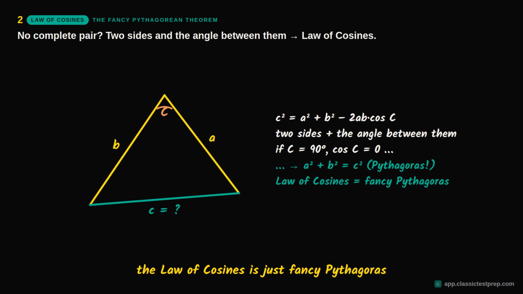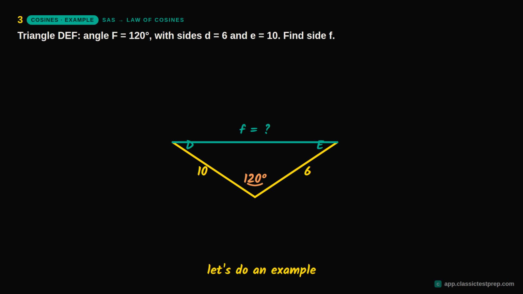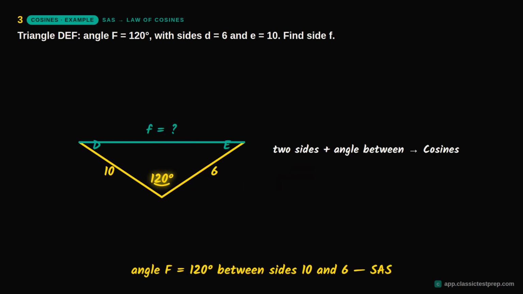And what this means is that when we're given an angle of a triangle and the sides adjacent to that angle, but not the side length opposite, we want to use this law of cosines, and we just plug in the numbers. Let's do an example. Triangle DEF has an angle measure F of 120 degrees, with the adjacent sides being 10 and 6.